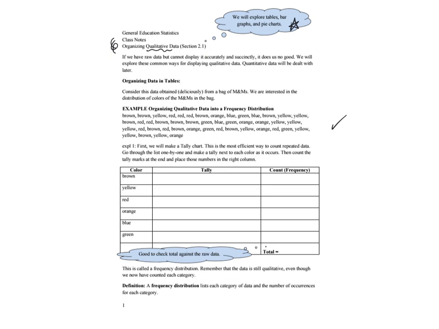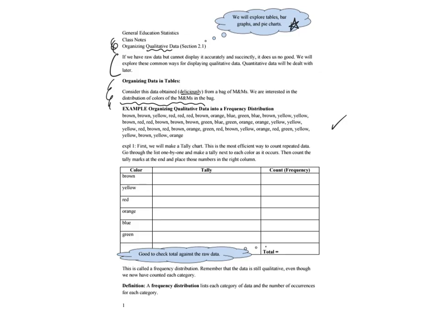So, the idea, as that little paragraph tells you, is that once you have your raw data, you want to display it, right? So, first off, let's talk about tables. Consider this data obtained deliciously from a bag of M&Ms. We are interested in the distribution of colors of the M&Ms in the bag.